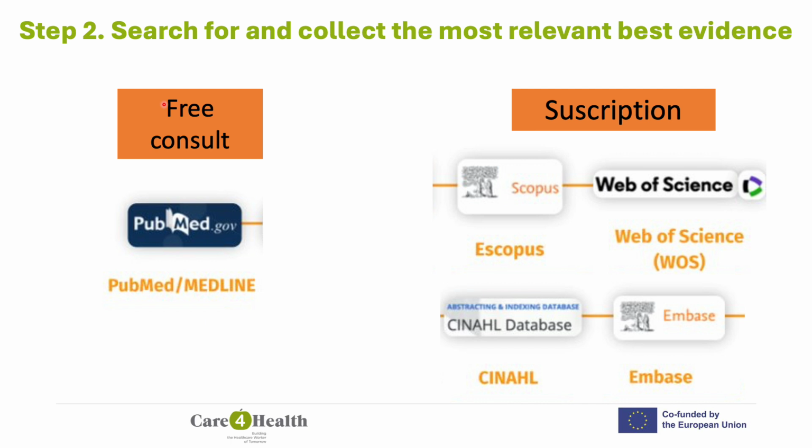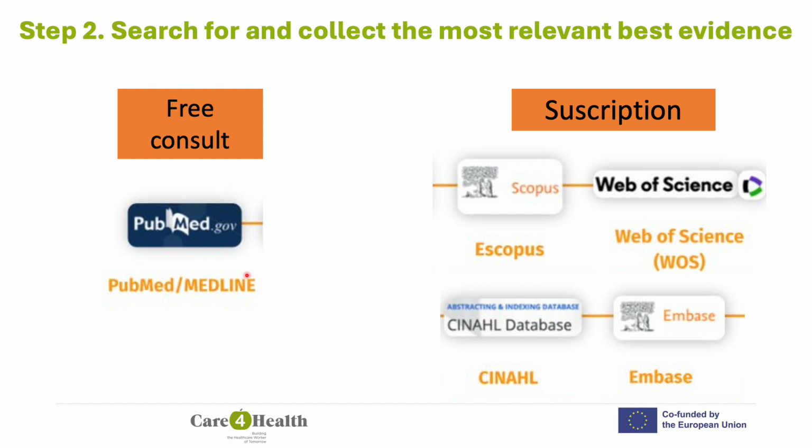And in the last level of the pyramid, at the bottom, to search for original studies, you must search in different databases like PubMed, Scopus, Web of Science, and CINAHL. These databases allow users to search for original articles and also systematic reviews across a wide range of disciplines, mainly healthcare disciplines.